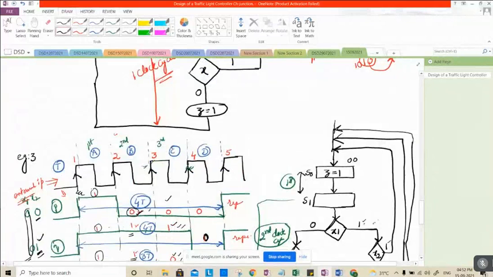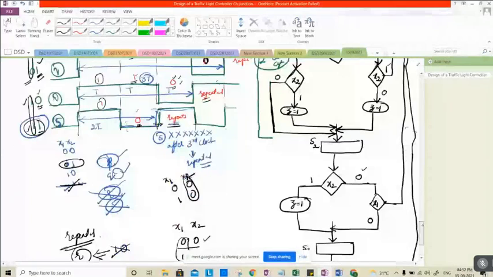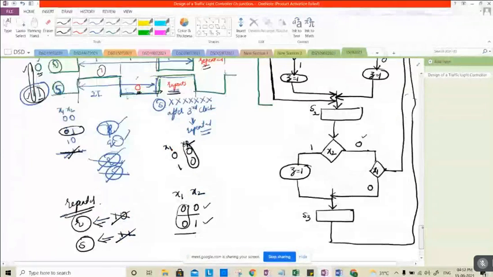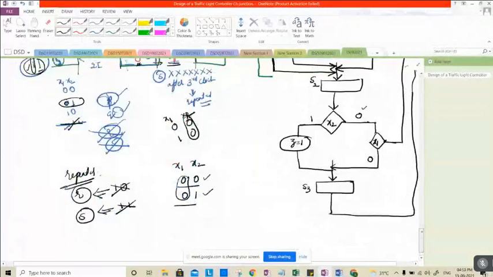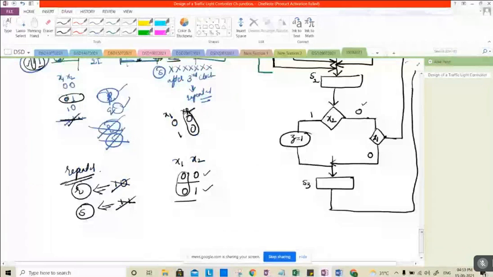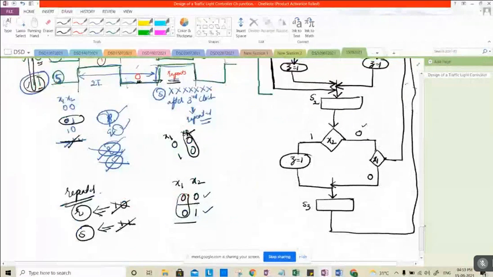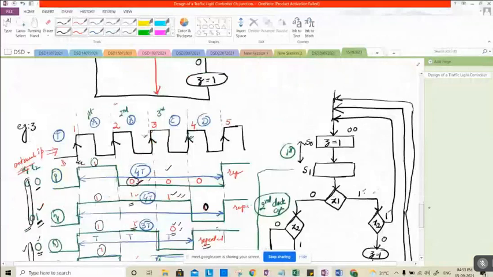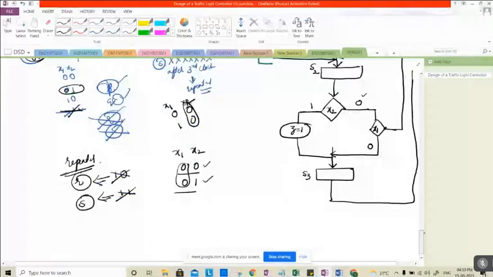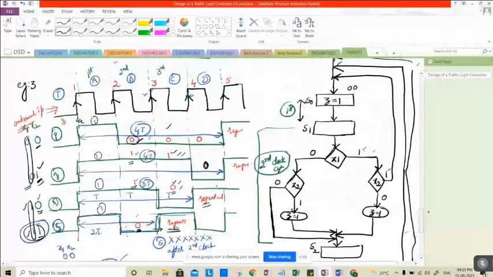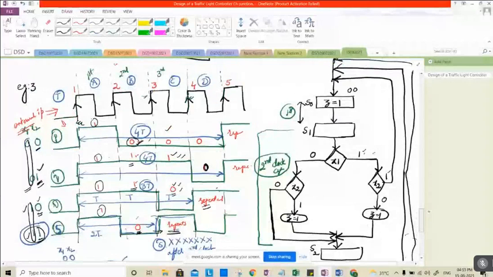Is it clear why we haven't taken the values of x1, x2? It is not required, independent of x1, x2 values. So the output is equal to 0 only. So from S3 state, straight away we have drawn a loop towards S0. So this is nothing but the algorithm for generation of these particular 4 waveforms.